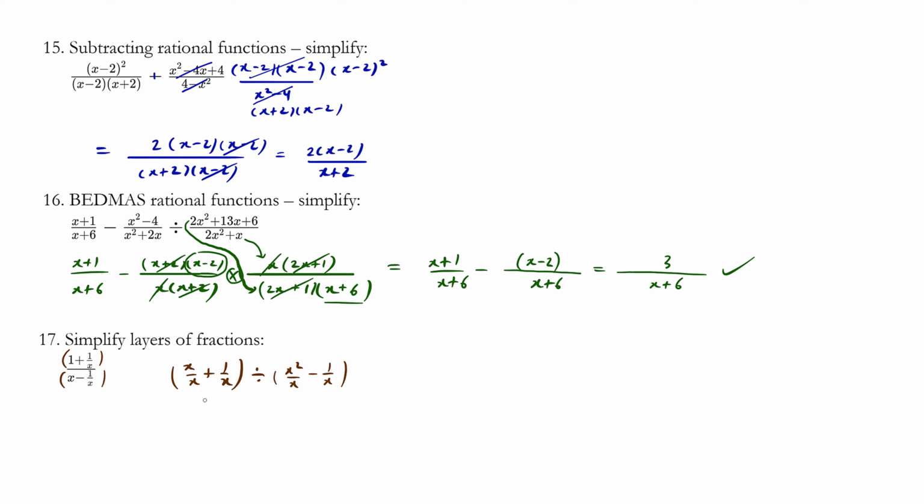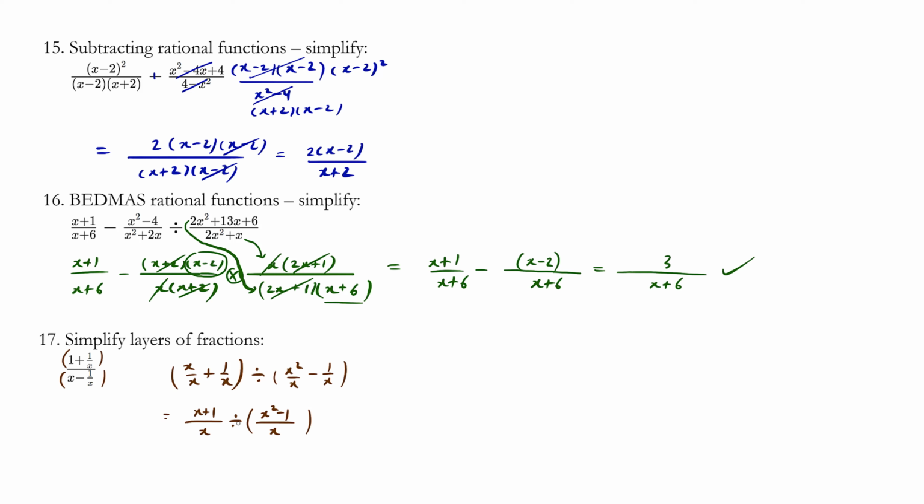And notice how we have same denominators, so we can make some progress in simplifying. So we're going to have a common denominator of x. We have x plus 1. We're going to keep it divided by, and the common denominator is x. And the top is going to be x squared minus 1.